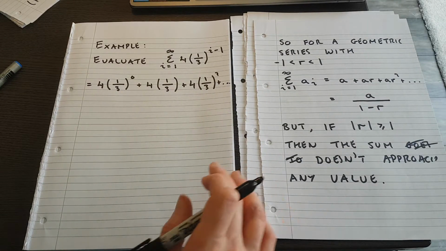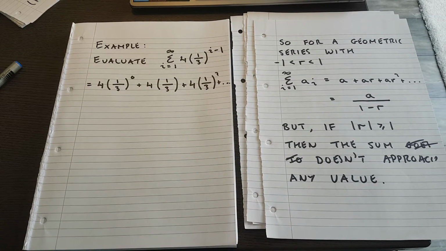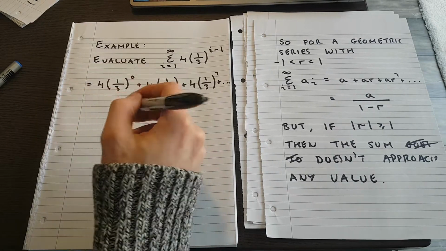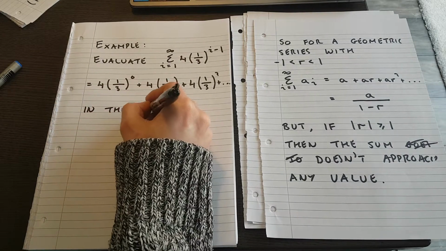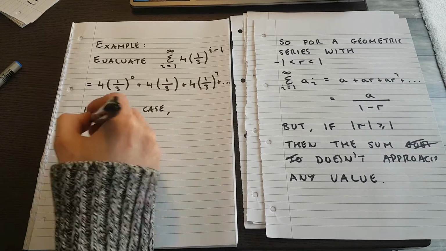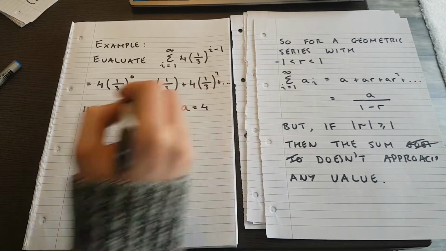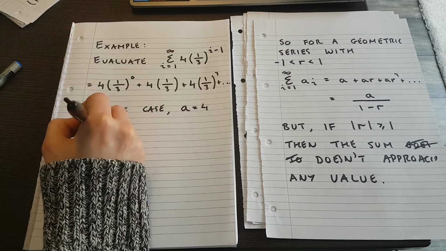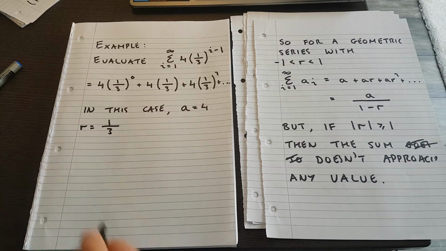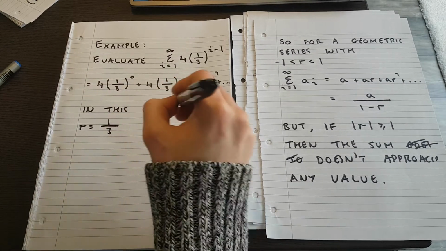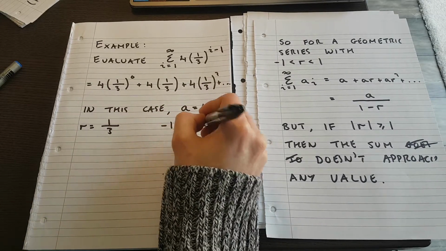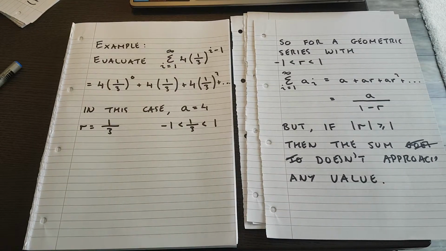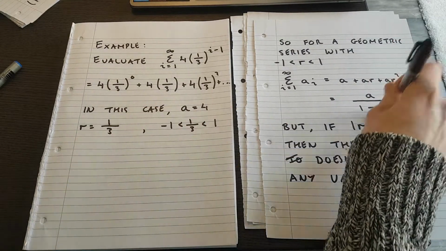Well, what I need to do is identify my a and my r. It's pretty simple. In this case, a is equal to 4, and r is 1/3. And of course 1/3 is between plus and minus 1. It's in that range, so this formula applies.